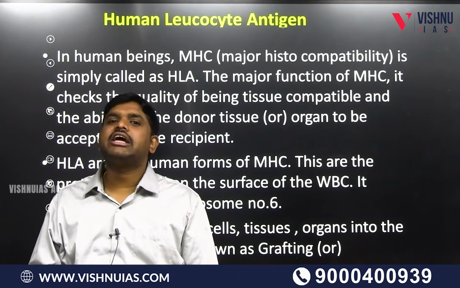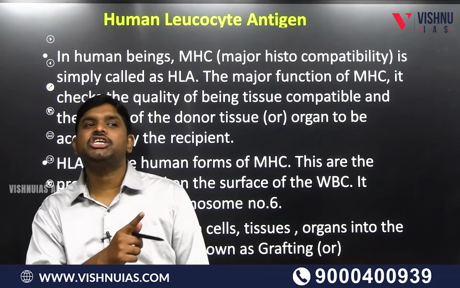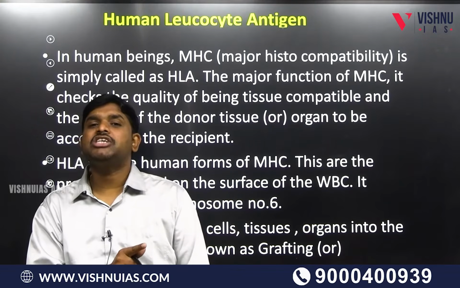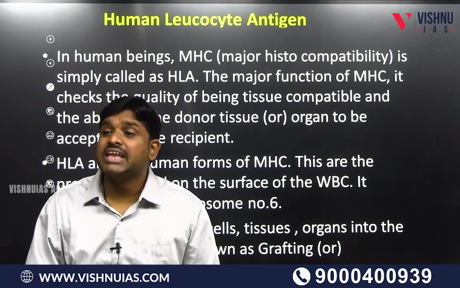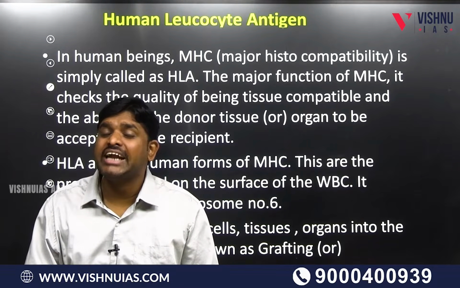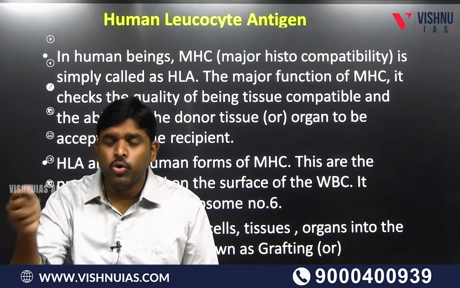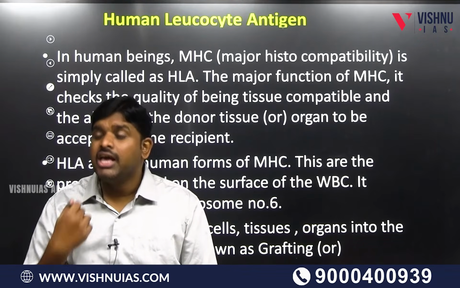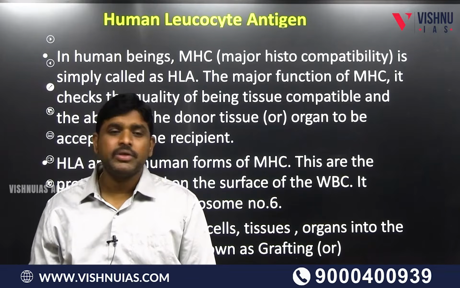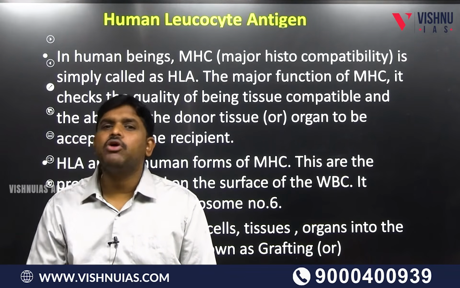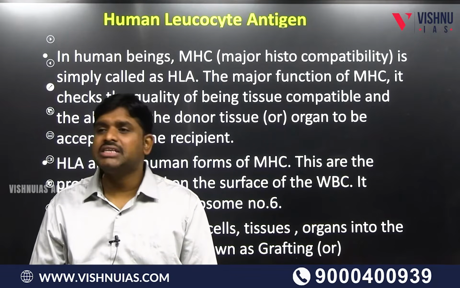To have organ transplantation, we need to have major histocompatibility. What is major histocompatibility? It means there is an antigen called human leukocyte antigen which sits on the WBC. When the human leukocyte antigen of you and the human leukocyte antigen of me are matching, it means your antibodies and my antibodies will be matching.